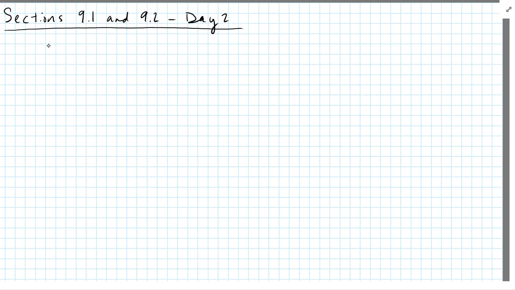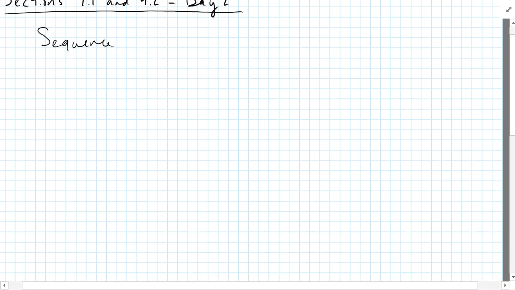Let's recap. A sequence is a list of numbers, and it has a pattern which can be given explicitly or recursively.